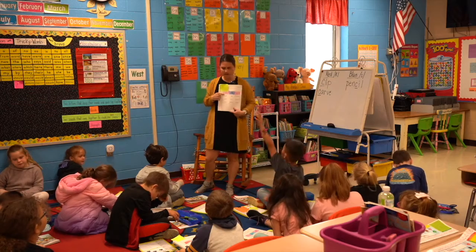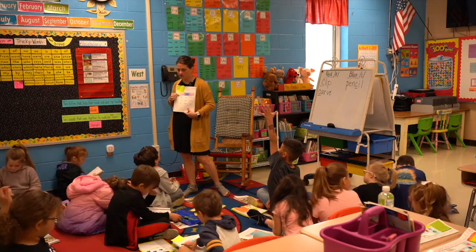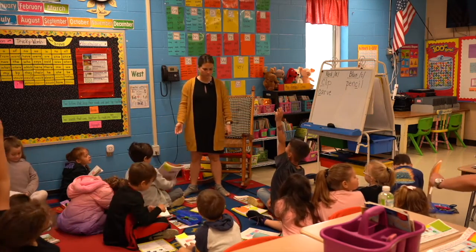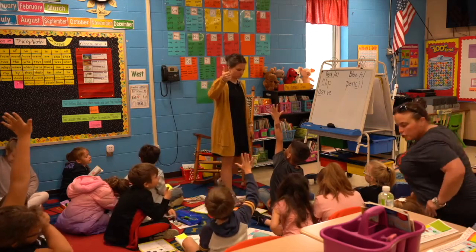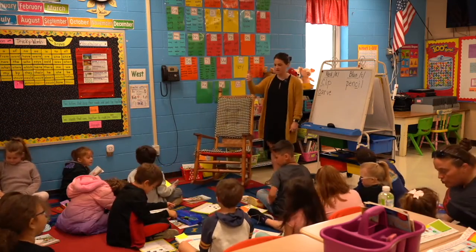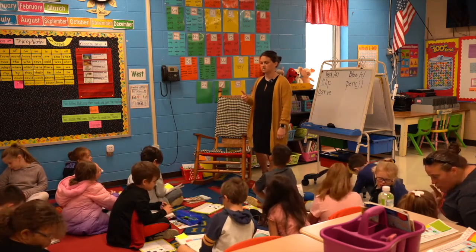All right, are we ready? Read that word to yourself. 3 seconds. Tell me what the word is. 3, 2, 1. Grayson, what's the word that we read right here? Cells.